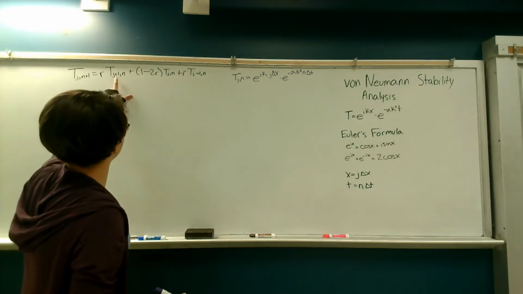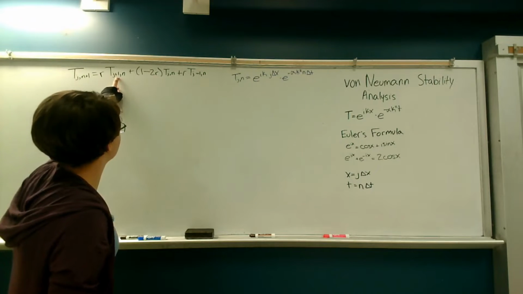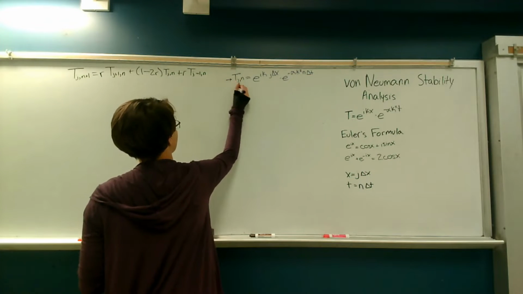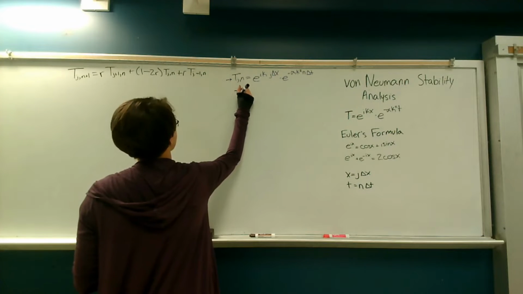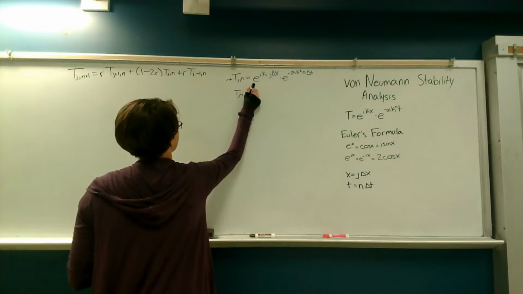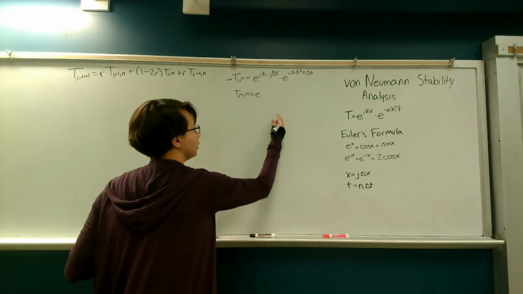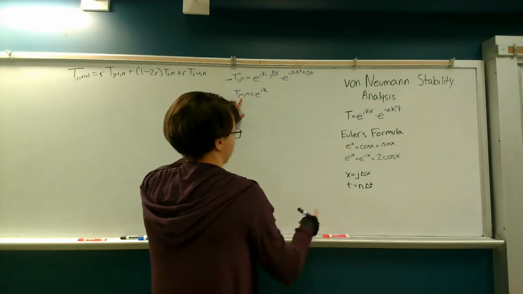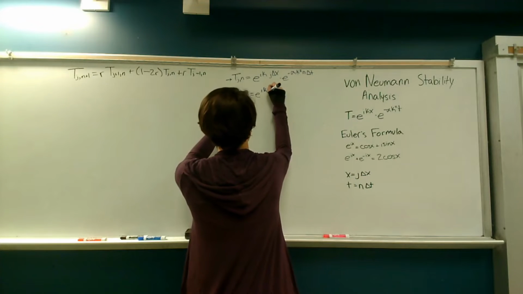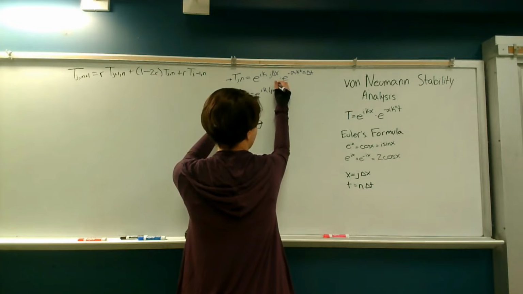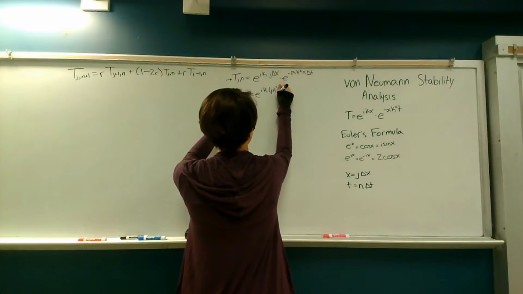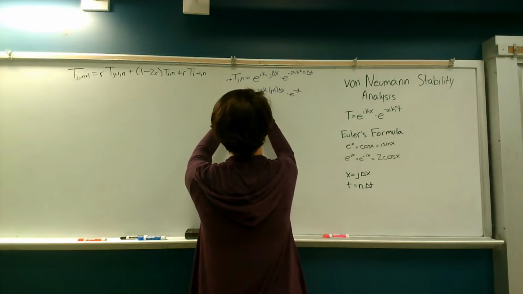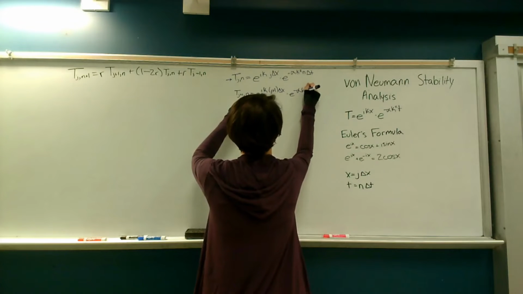So also in here we're going to need T at j plus 1, n. So we can do that next. So now we have T at j plus 1 at n. So that is equal to e to the i k, okay, so this time x is j plus 1, so we'll have j plus 1 delta x, times e to the negative alpha k squared times the time, and n's the same as it was up here, so this term is the same.